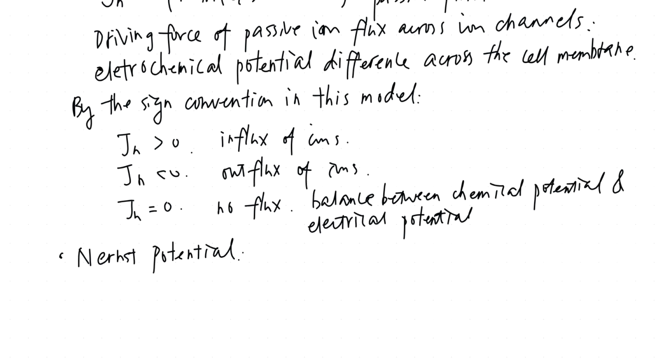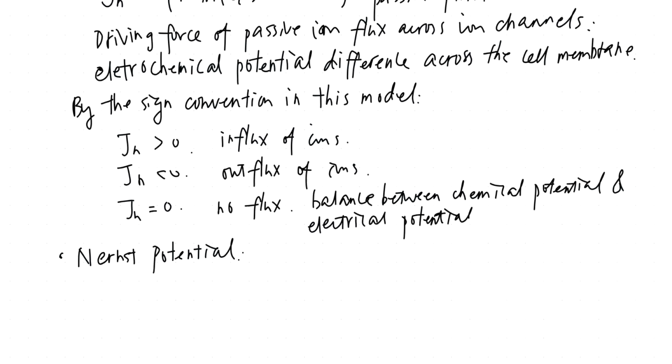So it represents the balance point where the tendency of ions to move down their concentration gradient is exactly opposed by their electrical force pulling them in the opposite direction. For this reason, you can derive the Nernst potential from the thermodynamic principle. Basically, it's the condition that the electrochemical potential of the ions must be equal on both sides of the membrane.